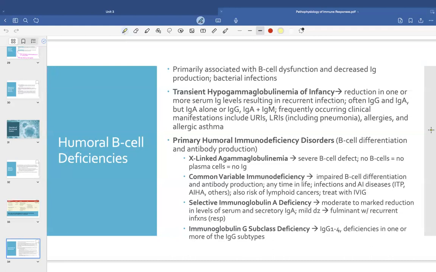But they could have this, which makes them more prone to recurrent infections, especially URIs, even lower respiratory tract infections, allergies, allergic asthma in their infancy. But as they get older and their immune system becomes more mature, then they can actually produce it. And so it's transient. In the meantime, we just need to support them and treat their infections.